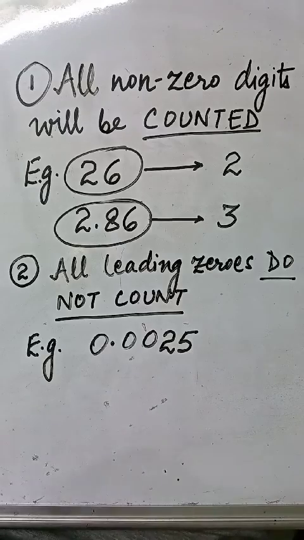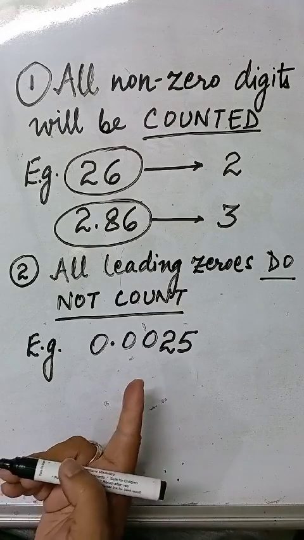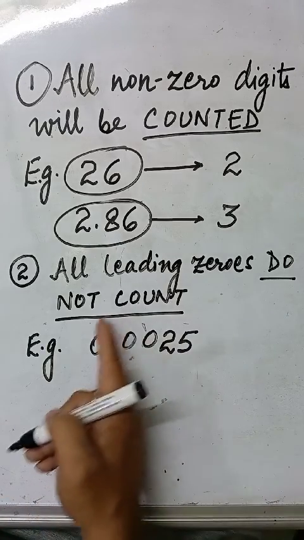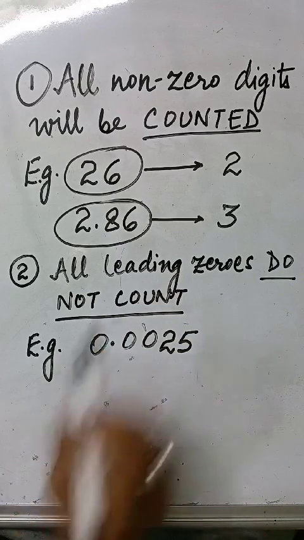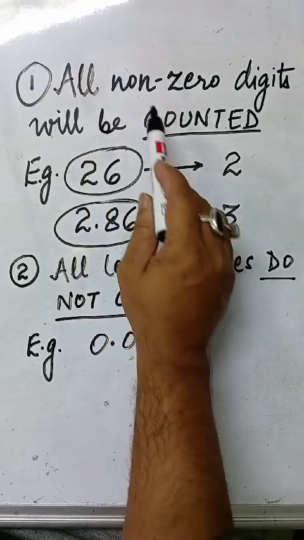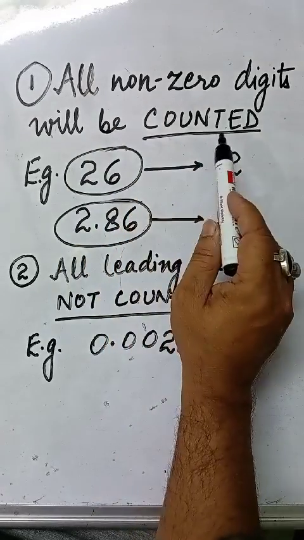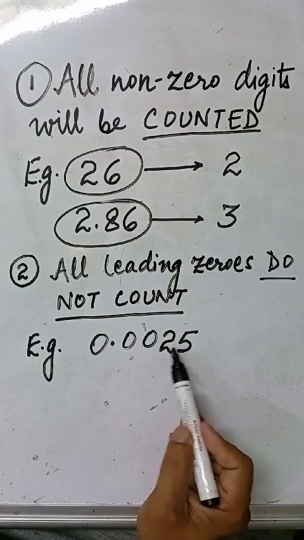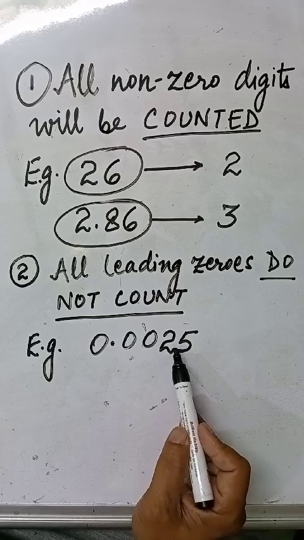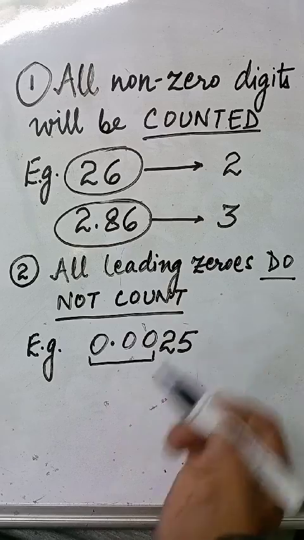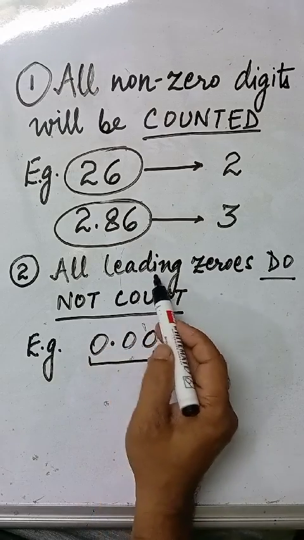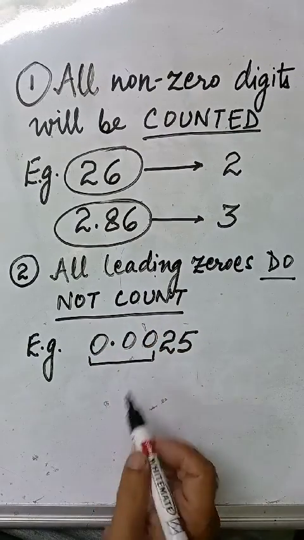0.0025 is my number this time. And again, the question is, how many significant figures are there in this number? Now you see, look at the first rule. All non-zero digits will be counted. So these two digits certainly will be counted because they are non-zero. Now talk about these digits. Can we count these digits also in significant figures? All leading zeros do not count.